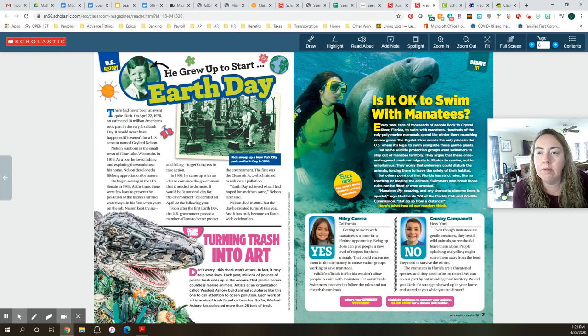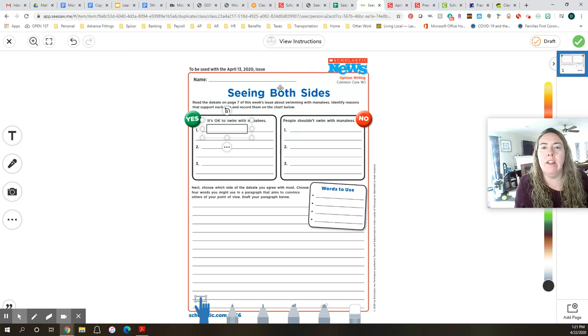Swimmers who break these rules can be fined or even arrested. Manatees are amazing, and any chance to observe them is special. So, all right, I have to think about what did I just read that would support the opinion that yes, we should be allowed to swim with manatees. Well, I know. It's a once in a lifetime opportunity.